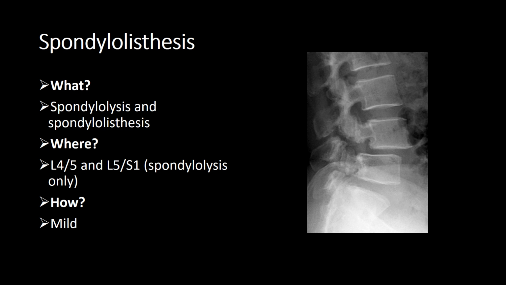It's perfectly possible as we get older and our ligaments become more lax, so our anterior longitudinal ligament and our posterior longitudinal ligament become saggy, to get a degenerative spondylolisthesis or a degenerative retrolisthesis. But what you'll be looking for is evidence of spondylosis to accompany those changes.